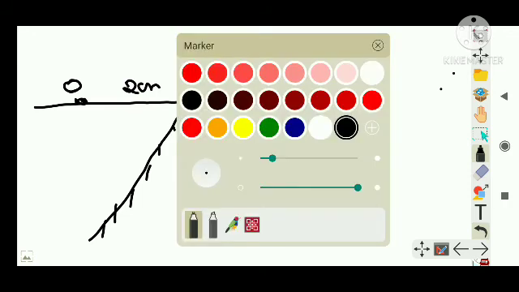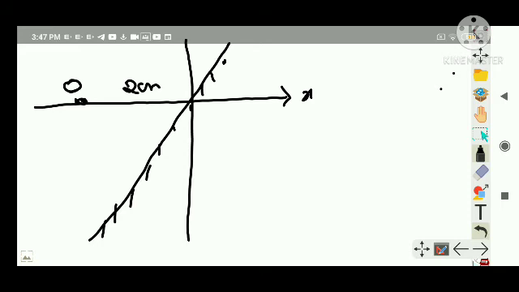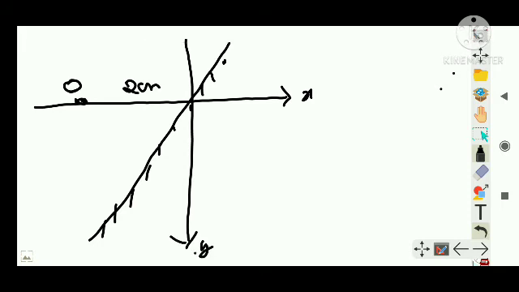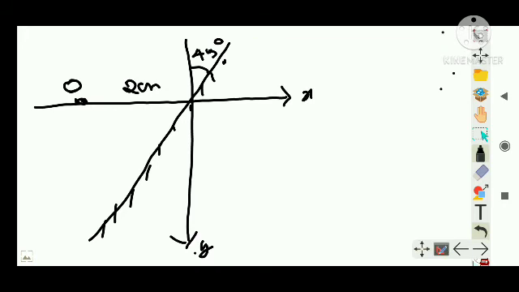Let's say this is the x-axis and we draw a y-axis like this; this is minus y. The mirror is making 45 degrees with the y-axis. You are asked what is the position of the image. If such questions are asked, always draw the image when given the object's position. If this is the object, draw a perpendicular.